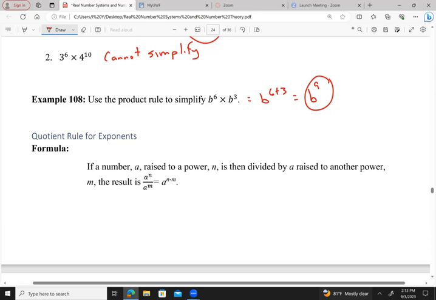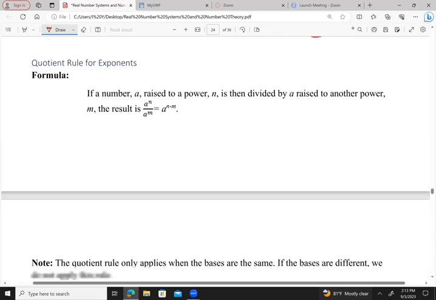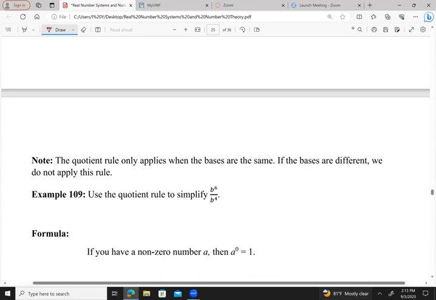When we're dividing, we subtract exponents. And note again that this rule only applies when the bases are the same. So if I have b to the 6th over b to the 4th, this is simply b to the 6 minus 4, which is b to the 2nd.